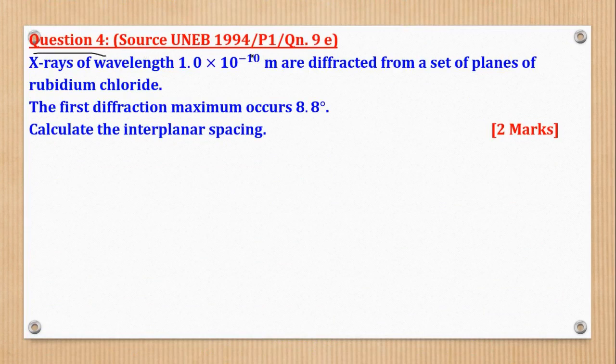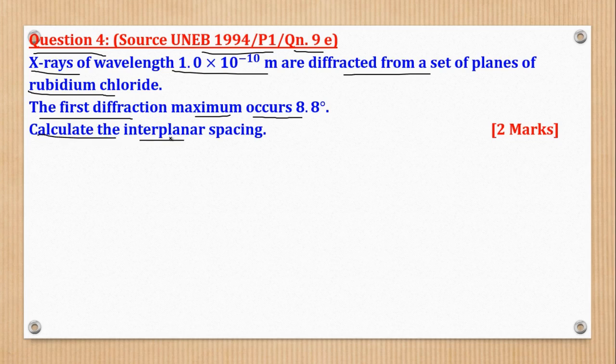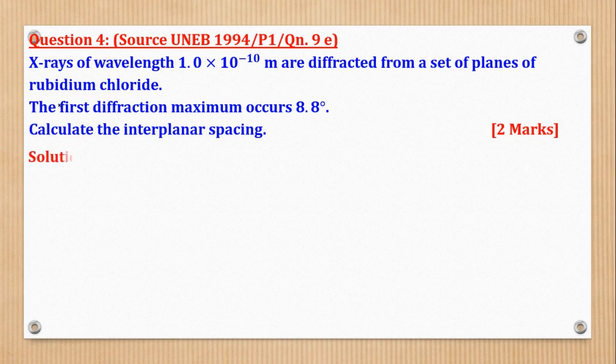Question 5 came from UNEB 1994 paper 1 question 9e, and it says X-rays of wavelength this are diffracted from a set of planes of rubidium chloride. The first diffraction maximum occurs at 8.8 degrees. Calculate the interplanar separation. So here, still we shall first quote what is given.